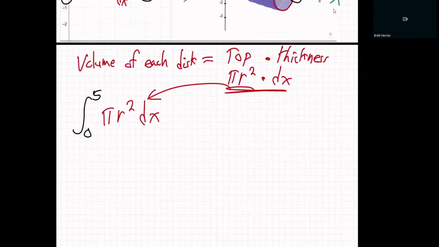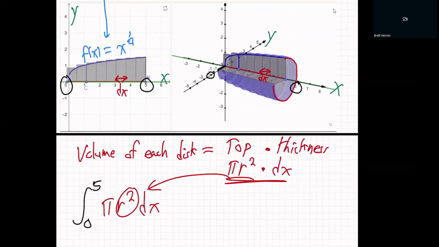Okay, but the trick is, what is r? What's the radius of each disc? Well, you can see it right here. There's a radius. It's this height there. Any of these. You could do a radius right over here. Here's another one. That's the radius of a disc.